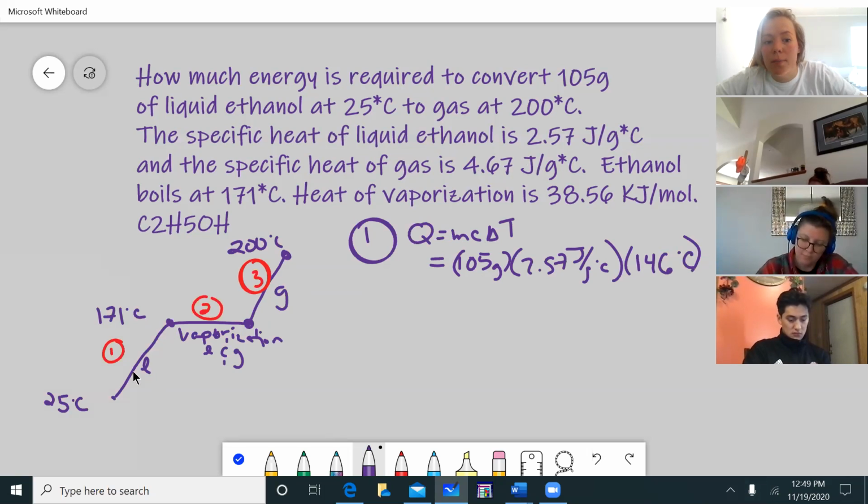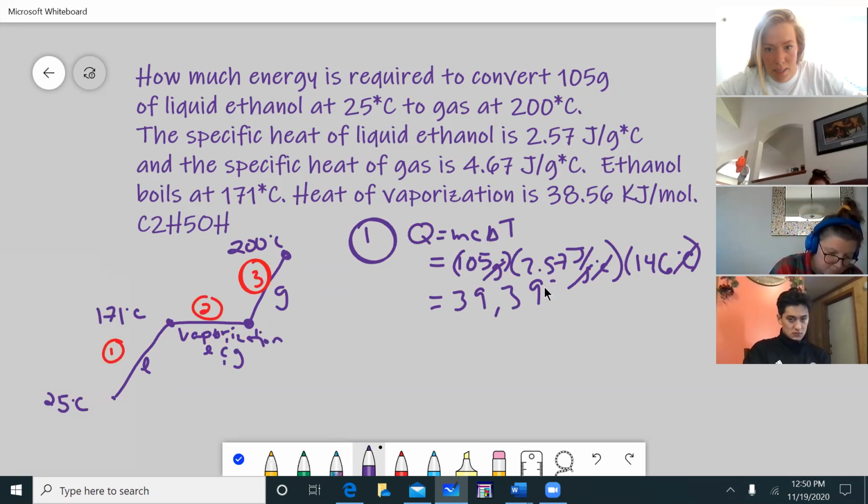Remember, it's always final temperature minus initial. So we'll cross out our Celsius and our grams, multiply it by 2.57, and I get 39,398. I'm going to keep all those numbers and just round at the end. This is going to give it to me in joules.